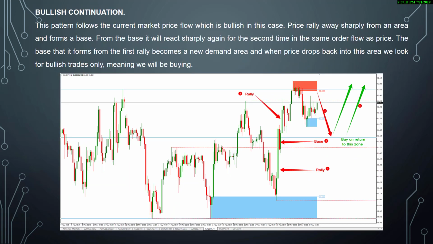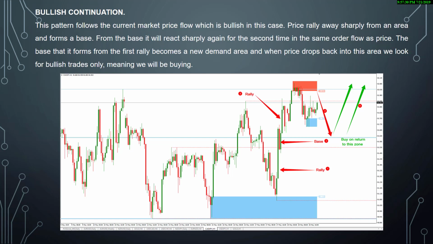This pattern follows the current market price flow, which in this case is bullish. Price rallies away sharply from an area and forms a base. From that base, it will react sharply again for the second time in the same order flow as price, which is bullish.